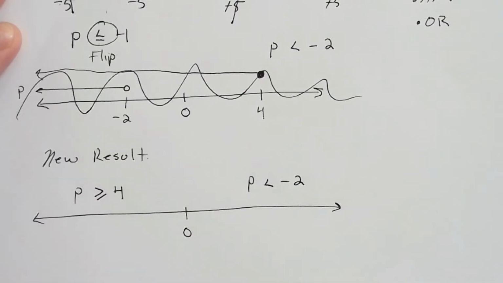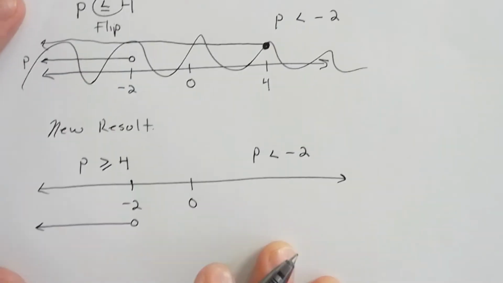So what we have here is -2, I'll just draw them below it.